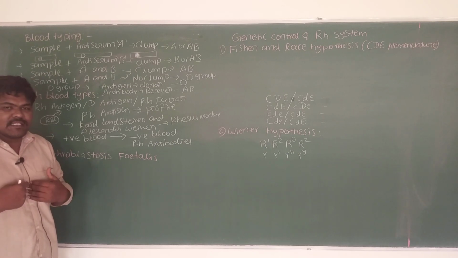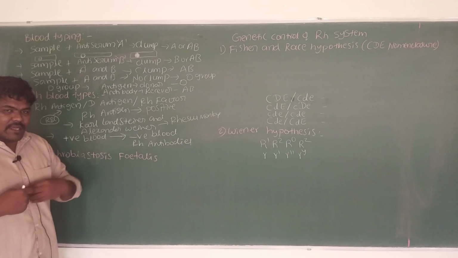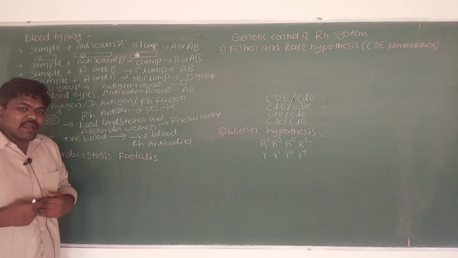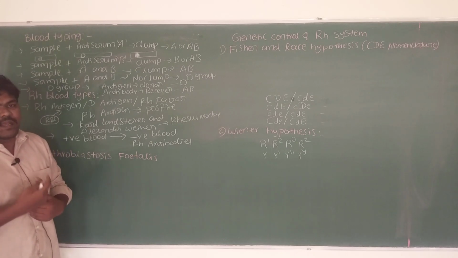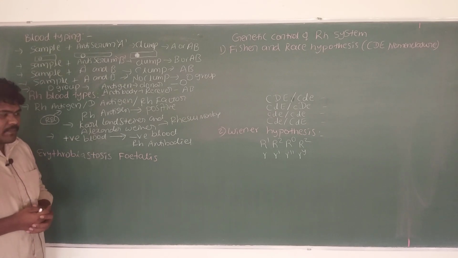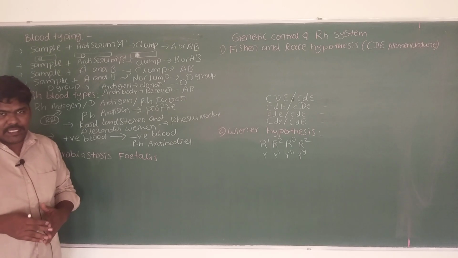Naturally the Rh antigen is absent in my body because I am a negative blood group human being. When I have taken Rh positive blood, my negative blood produces Rh antibodies against the Rh antigens, which are foreign antigens. That is about Rh antibodies. Rh antibodies are normally not present in Rh negative people also.